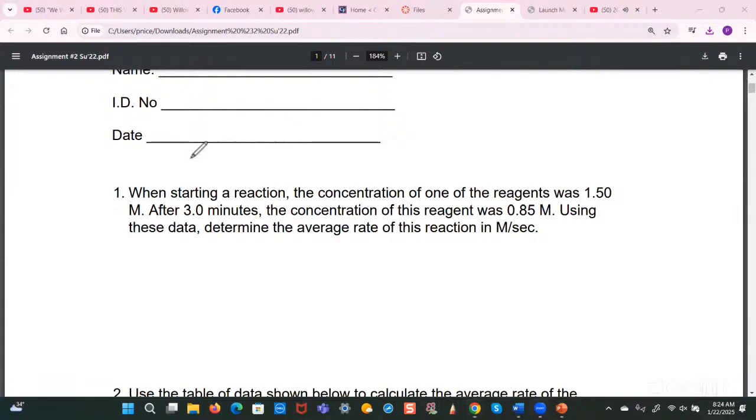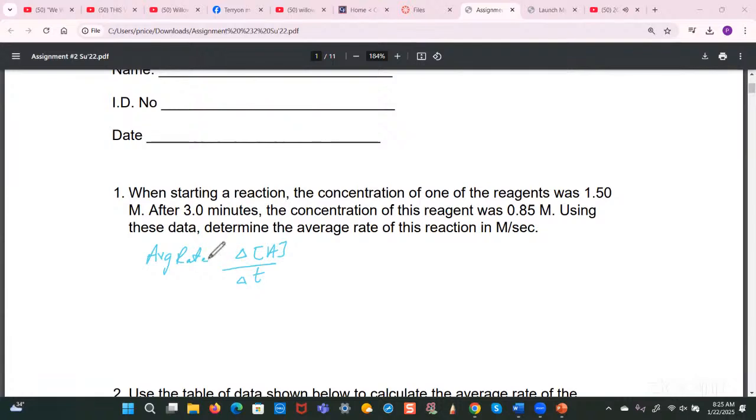So if you remember, I said that the average rate, which I just discussed, would be equal to, let's say I'm just going to use A to represent the reagent. It's going to be equal to the change in concentration of the reagent, which I'm going to designate as A, divided by the change in time. That should be minus because A is a reactant, to avoid confusion.